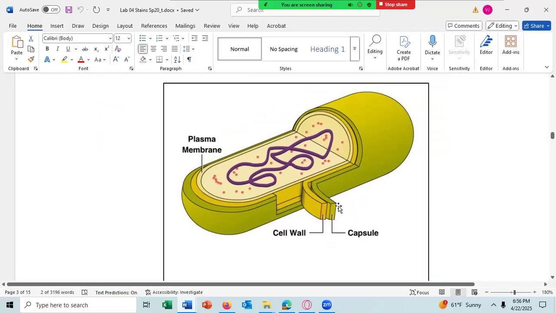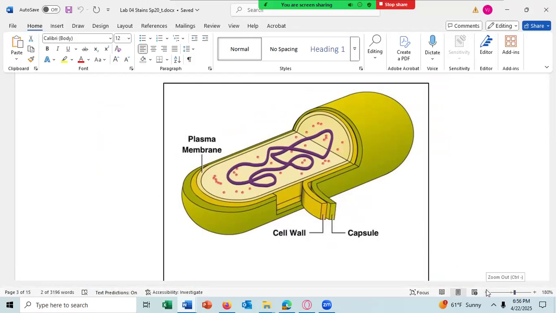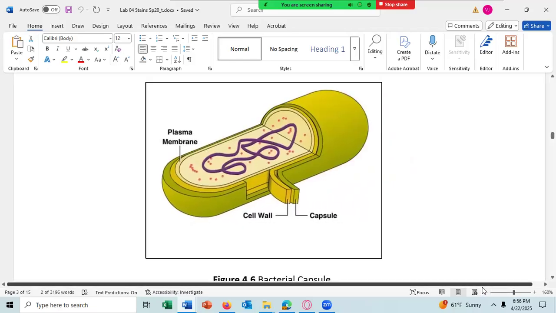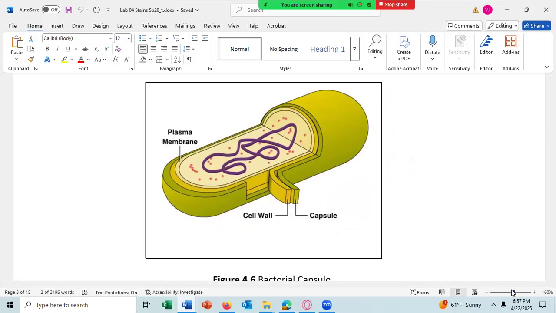And if you can see it under the light microscope, it is called the capsule. If you can't see it under the light microscope, that means it's mostly water, it's loosely organized, and it's called the slime layer. You need an electron microscope to see the slime layer.